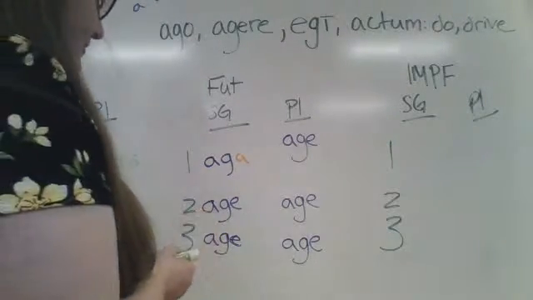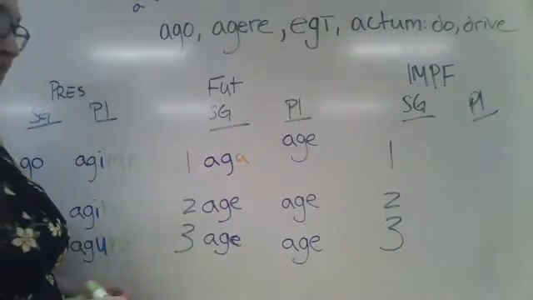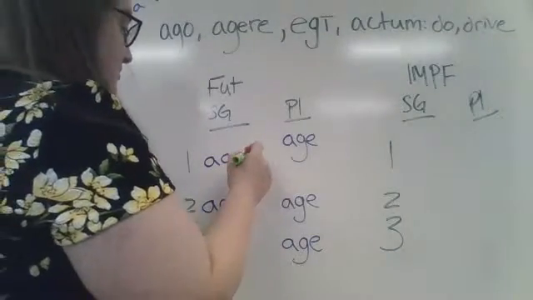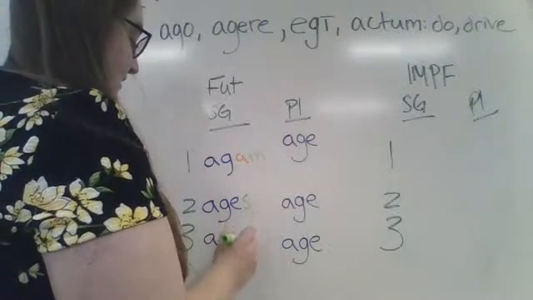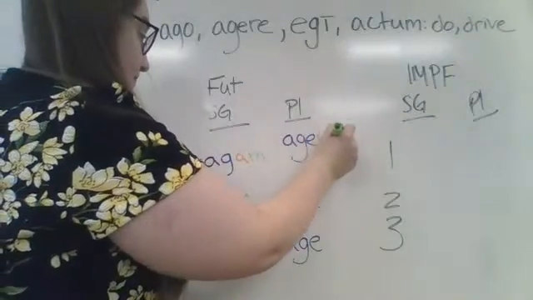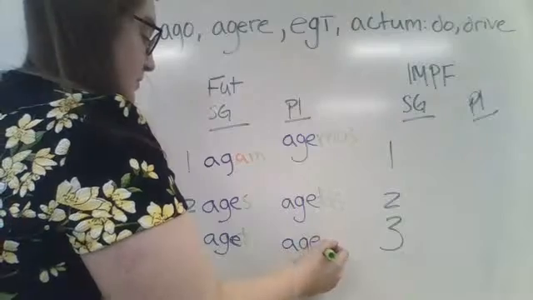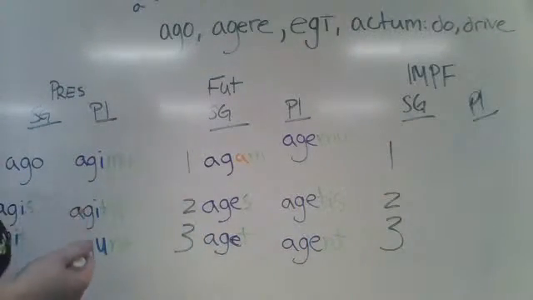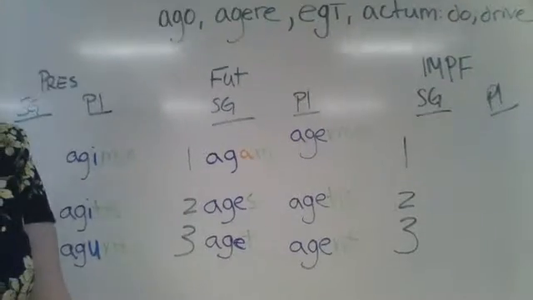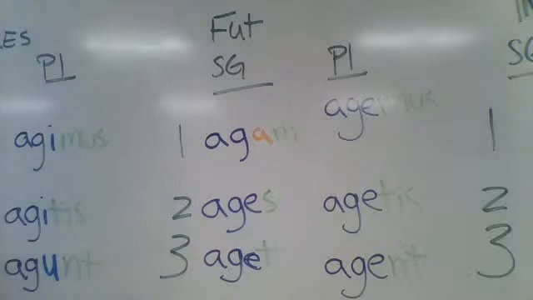That shows us this verb is future. And then you just add your personal endings. Whenever we have an A, M. Then it's just regular personal endings. And there we have future tense in the third conjugation.